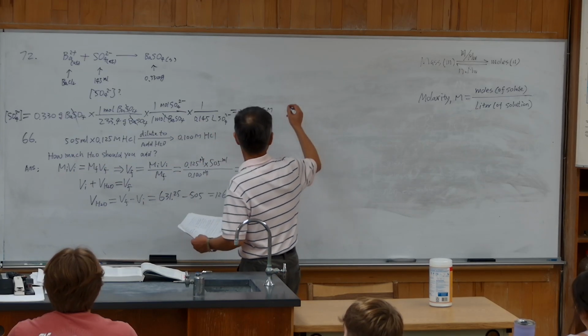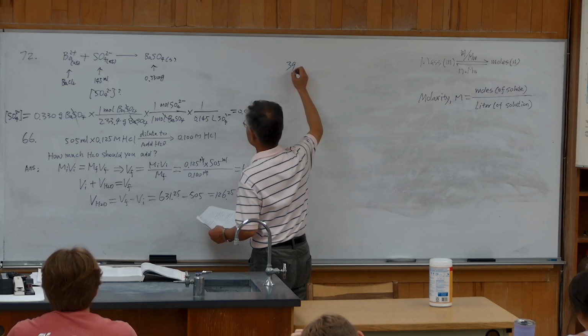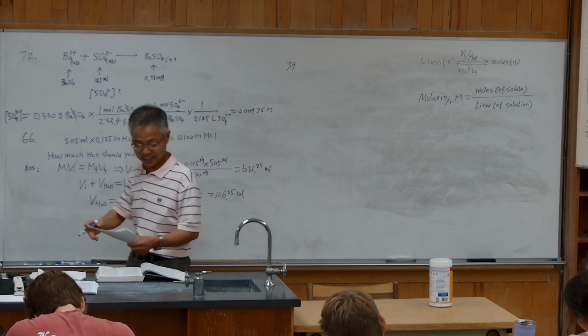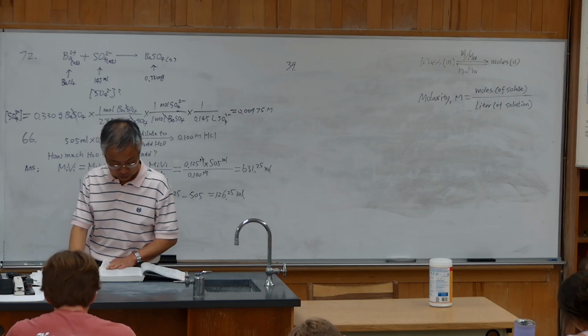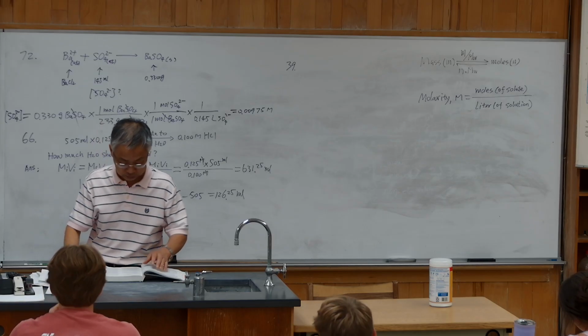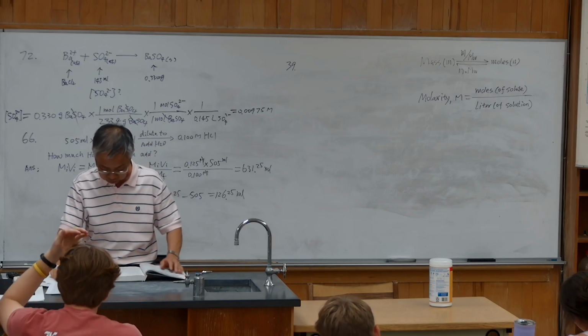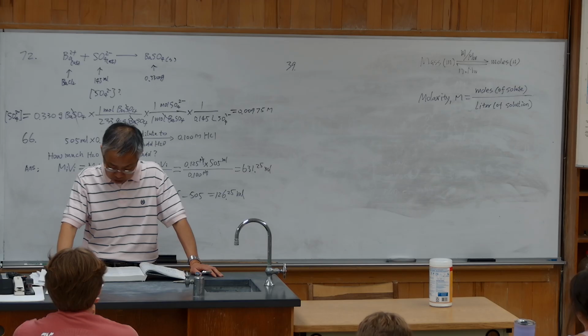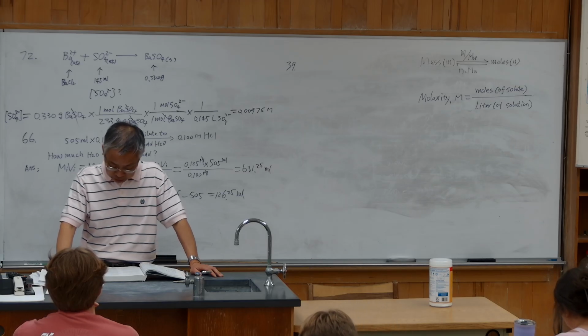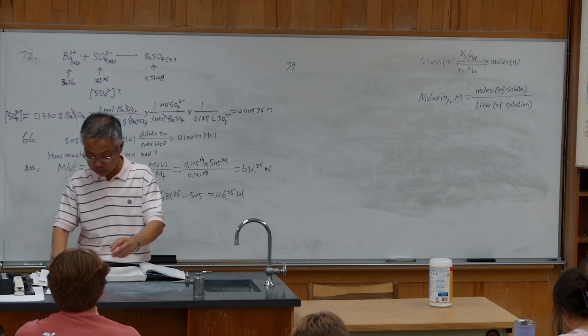Let's say number 39. For a complex redox reaction, break down each reaction into half reactions, then identify the oxidizing agent and reducing agent.